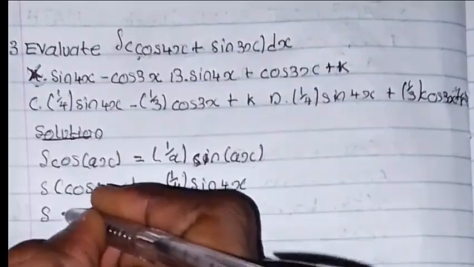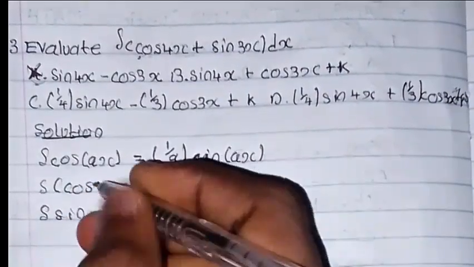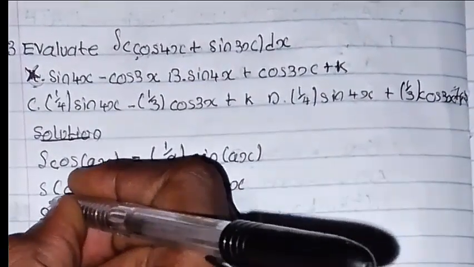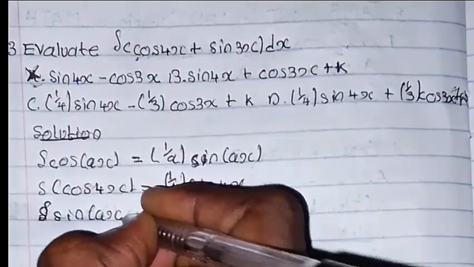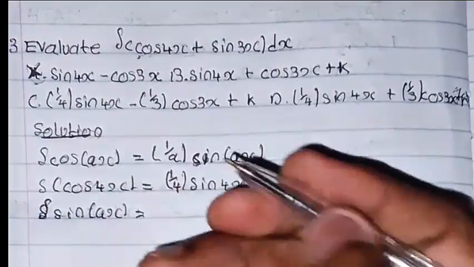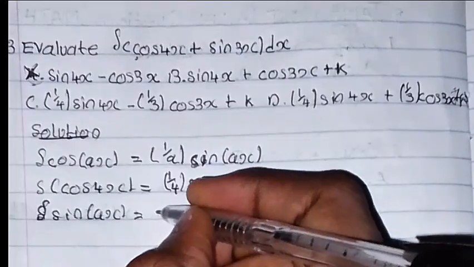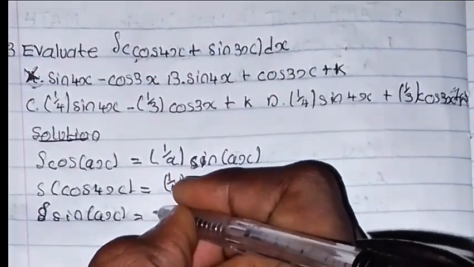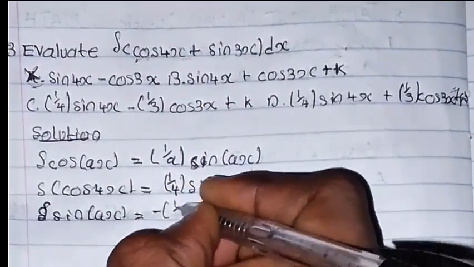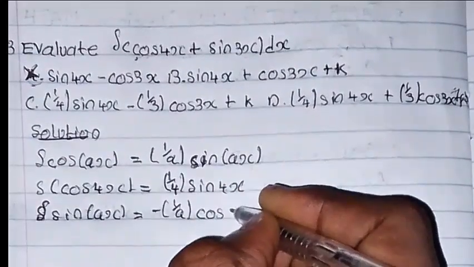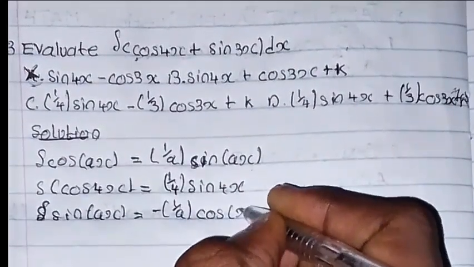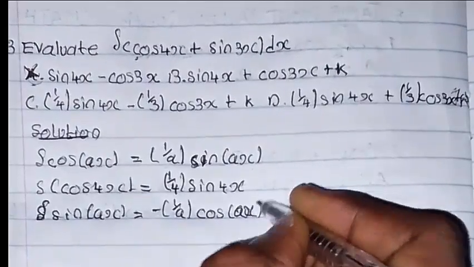Meanwhile, for sine, if you find the antiderivative of sine ax, this one takes a different shape. What do we get? We get that this is equal to minus 1 over a cos ax.